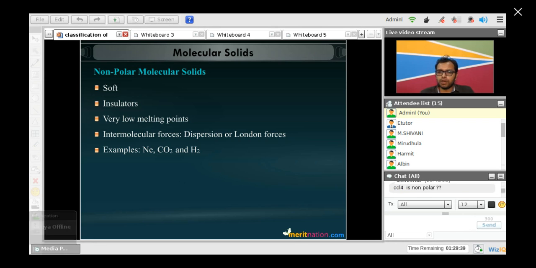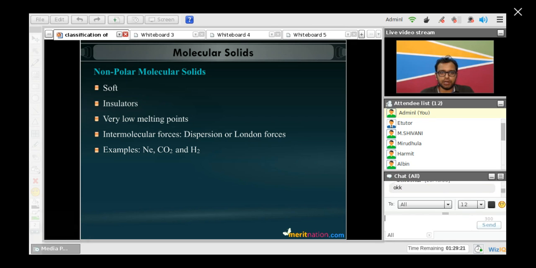CCl4 is non-polar, yes, because the dipole moment of CCl4 is 0. Clear?